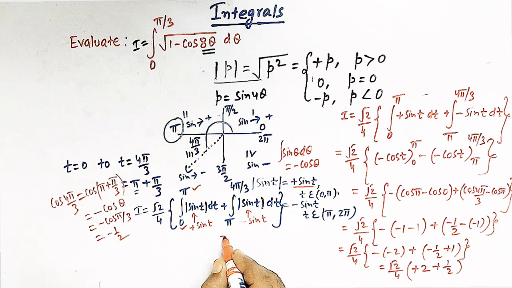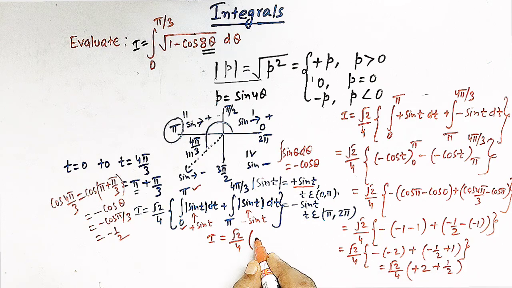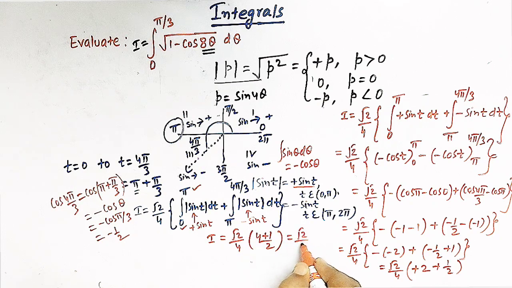So now we can write the value of the integral I as square root of 2 over 4 times 2 plus half, that is 4 plus 1 over 2, that is root 2 over 4 times 5 by 2. So this is 5 root 2 divided by 8, right?